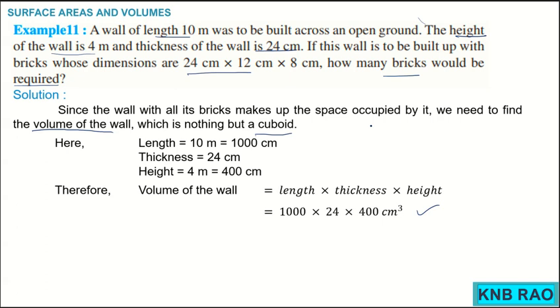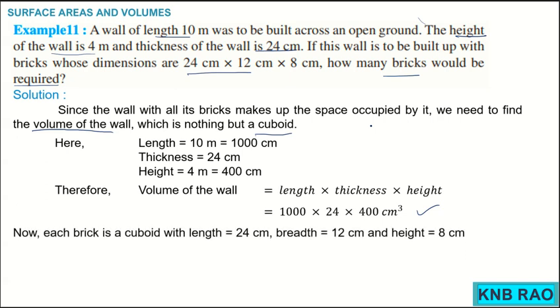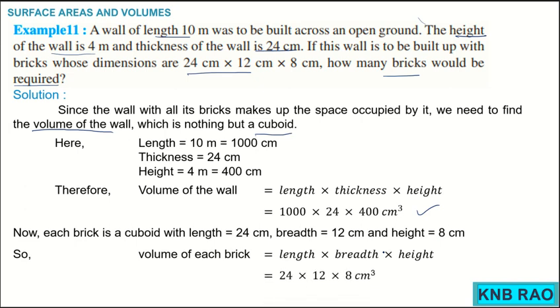Cancellation would be better than finding all these multiplications. Now each brick volume I have to find out, where these bricks are of size 24 centimeter, 12 centimeter and 8 centimeter, and their product will give us the volume of each brick. Thus, volume of the brick, length into breadth into height, is 24 into 12 into 8 centimeter cube.